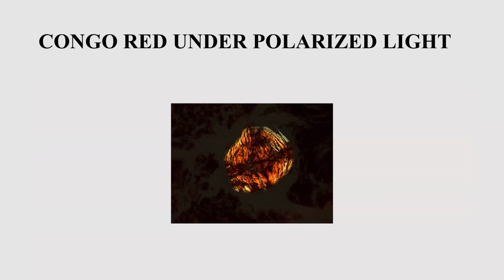This is corpora amylacea from the prostate gland. This is amyloid staining by Congo red, and additionally I use polarized light in the microscope to establish this apple green color.